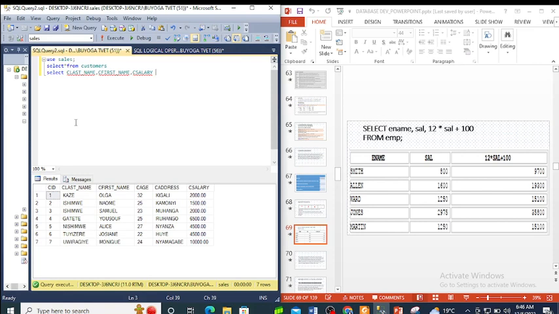Then we want to multiply the salary by 2.